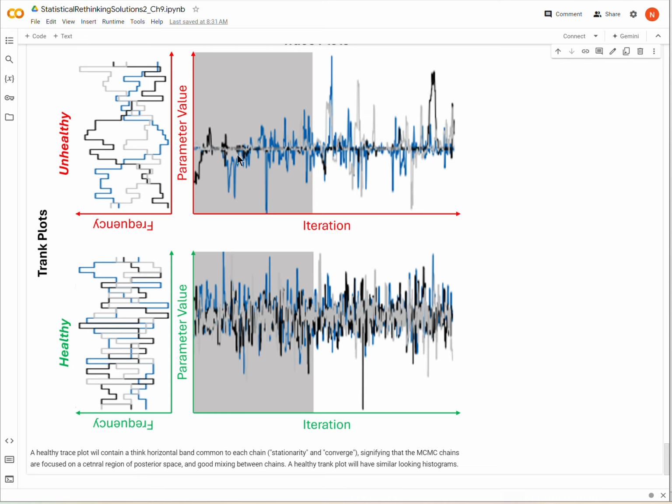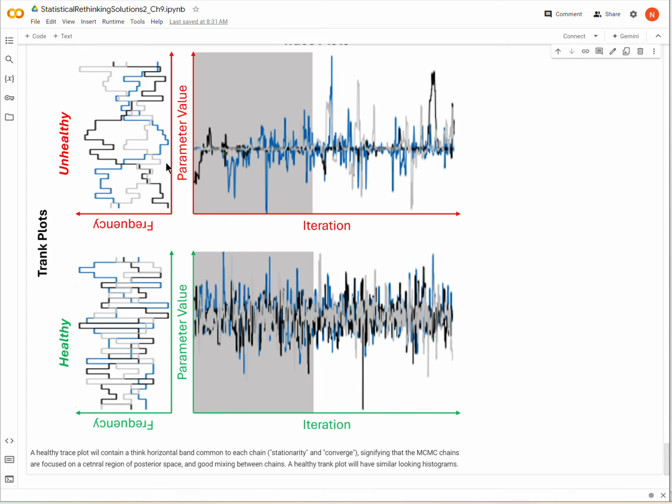It looks like there is probably some stationarity, more or less a central band, and maybe even convergence. But notice that there isn't good mixing. As they deviate from their central bands, the chains are doing very different things. In other words, they seem to be exploring very different parts of parameter space.